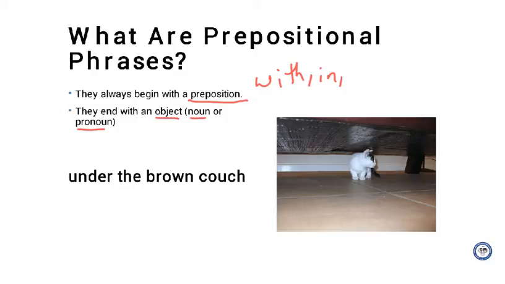This phrase starts with the word under, which is a preposition, and ends with a noun, which is the object of this preposition. And in between, of course, you might have some words like an adjective or a modifier that modifies that object.